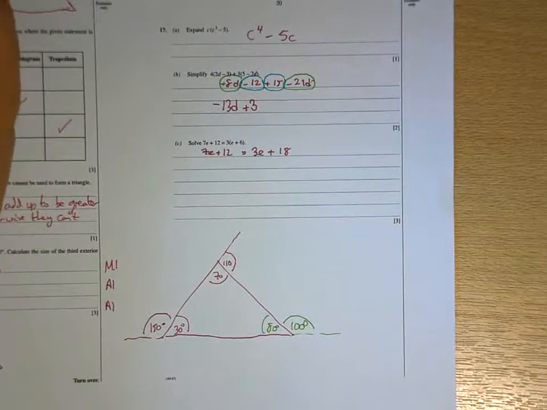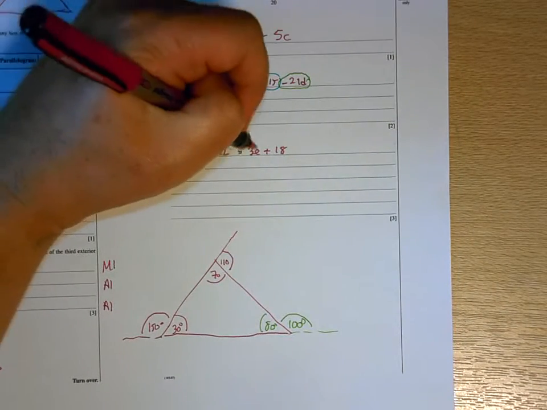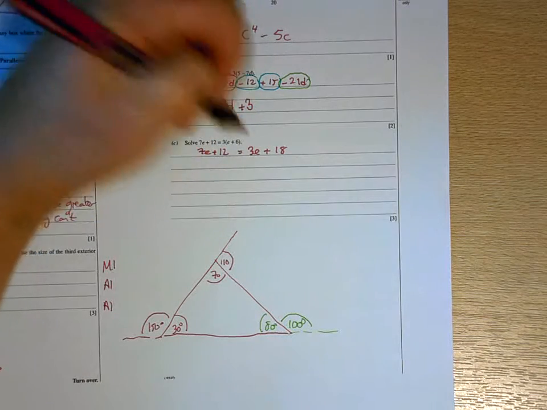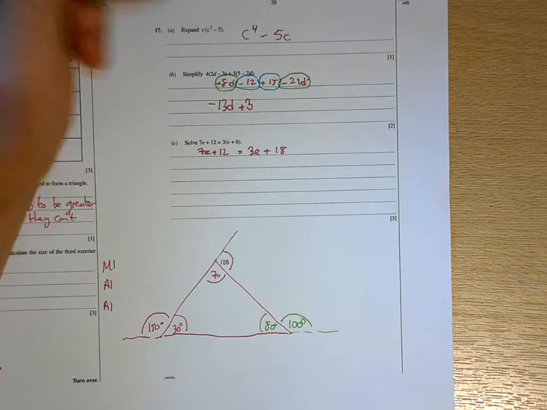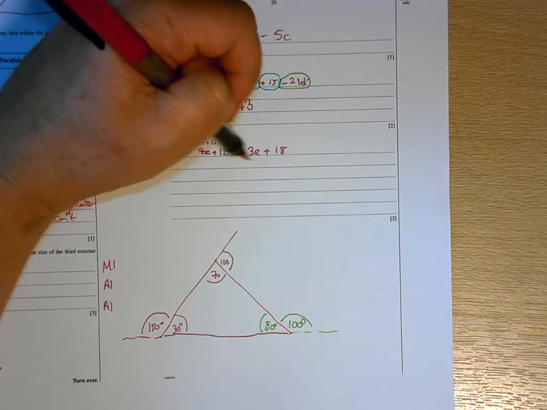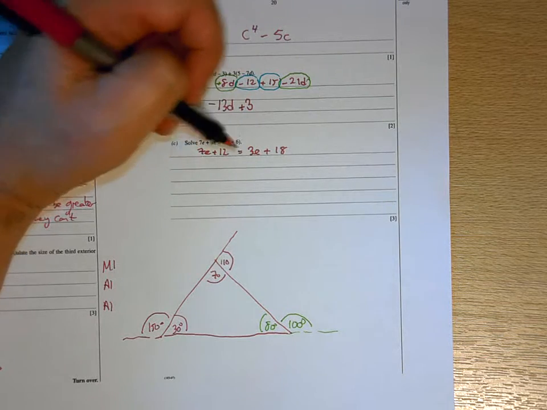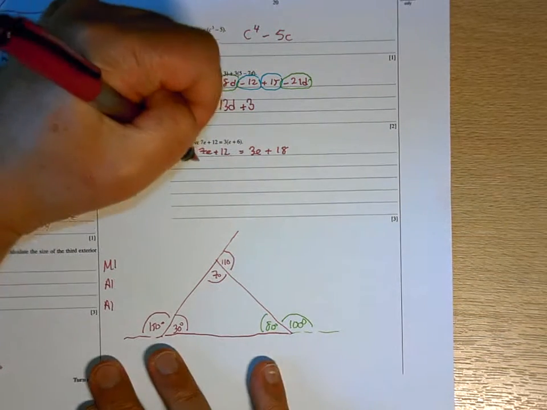You want your E's collected together on one side only, so I want to get rid of that 3E from the right hand side. It's a plus 3E on that side, so in order to get rid of it I have to subtract 3E, and if I subtract 3E from one side I have to do it from the other side as well.